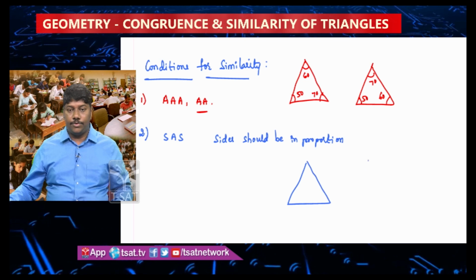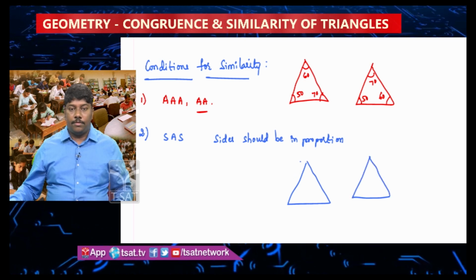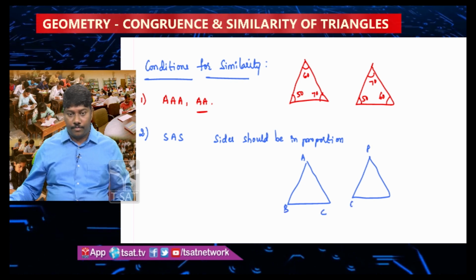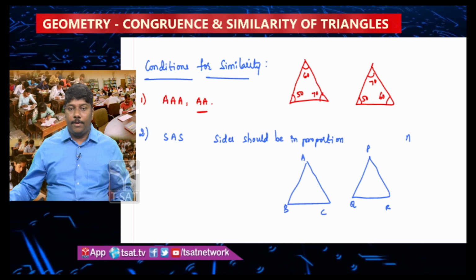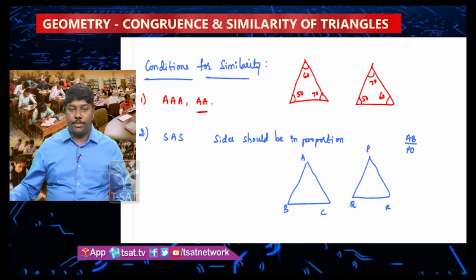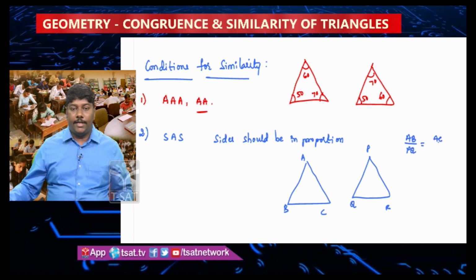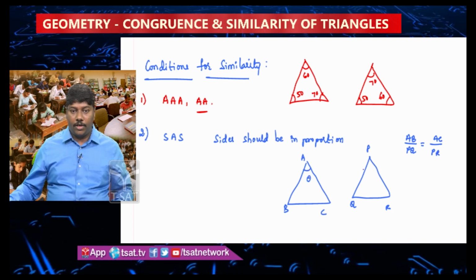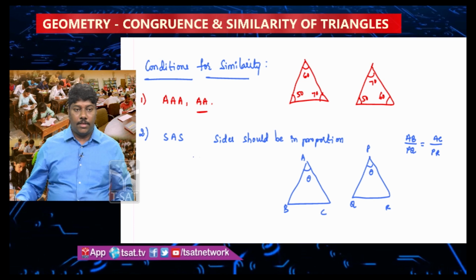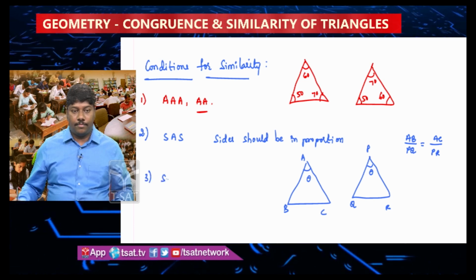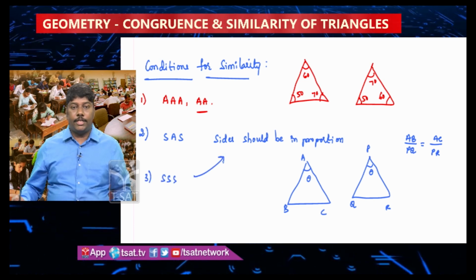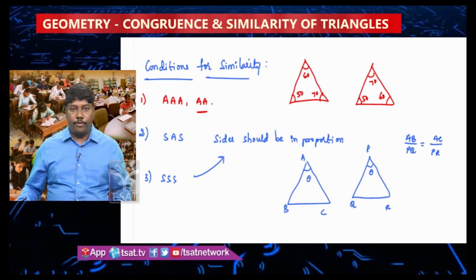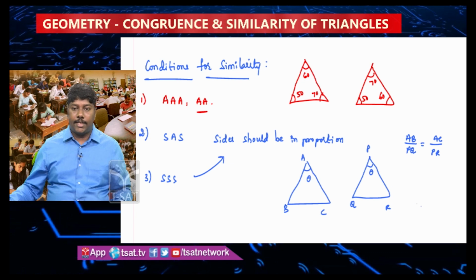I mean to say, if I take ABC and PQR, AB by PQ, proportion means their ratio must be equal, AC by PR, and angle A should be equal to angle P. The third one is SSS. Again, sides should be proportional. All three sides of the first should be proportional to all three sides of the second.